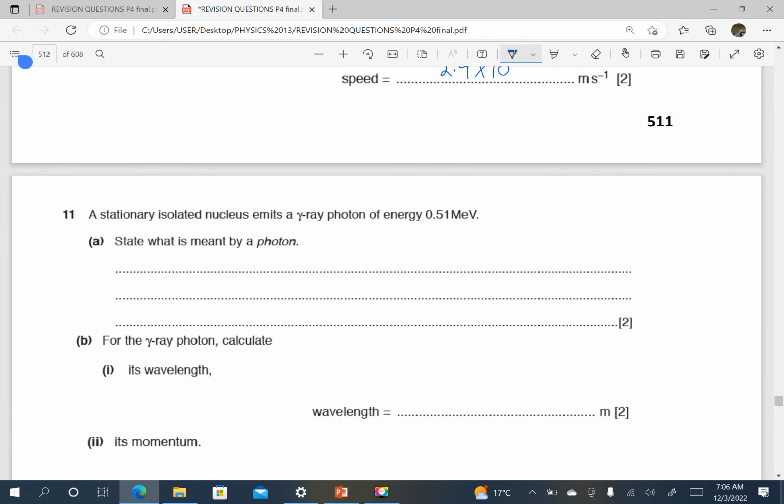A stationary isolated nucleus emits a gamma photon of energy 0.5 mega electron volts. State what is meant by a photon.